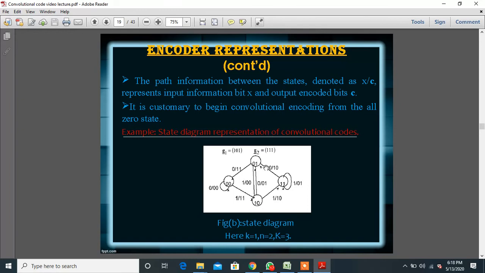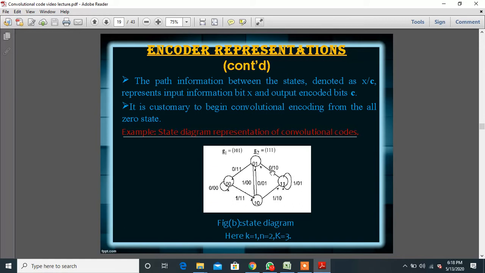The path information between the states, denoted as a connection, represents input information bit X and output encoded bits C. For these two outputs G1, G2, this circle represents the input. 0 and 1 are the different states, and then depending on this state, what will be the output?